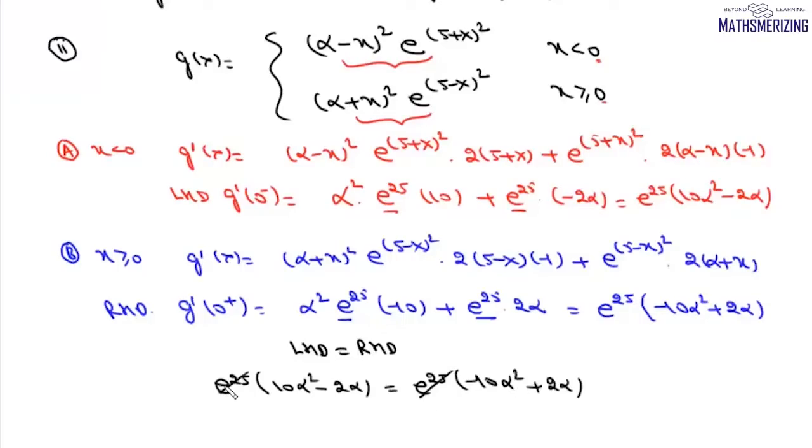Now e to the power 5 will cancel, so we'll get 10 alpha square minus 2 alpha equals 0. That is, the value of alpha is either 0 or 1 by 5. So this function g(x) will be differentiable when alpha is 0 or alpha is 1 by 5.